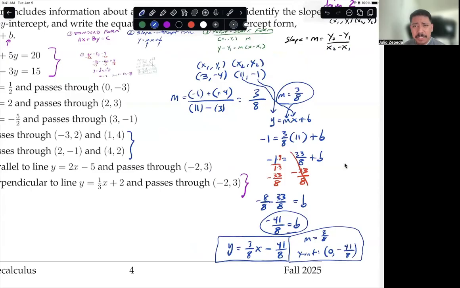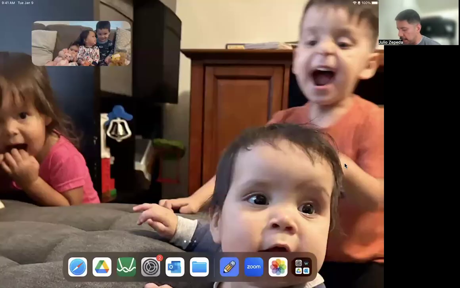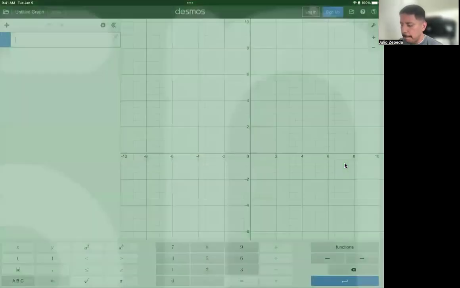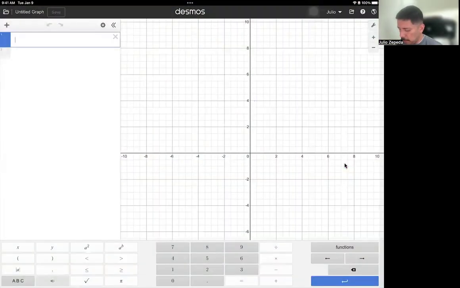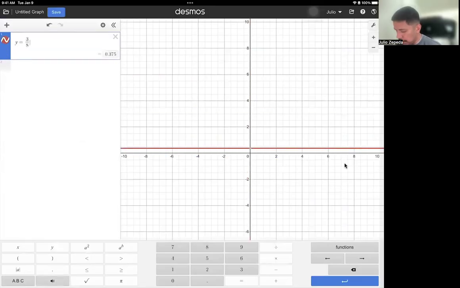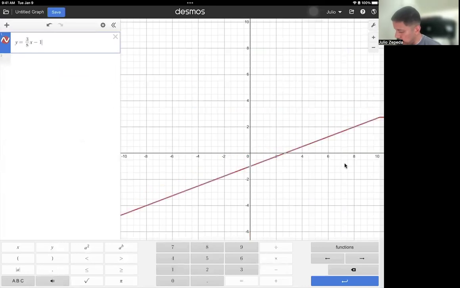This one here, I kind of want to check just to make sure that it goes through the points 3, -4, and 11, -1. Let's check. 3/8 x minus 41 over 8. We'll check on desmos.com. Let's see, y equals 3 over 8x. Nope, I want the x to be minus 41 over 8.